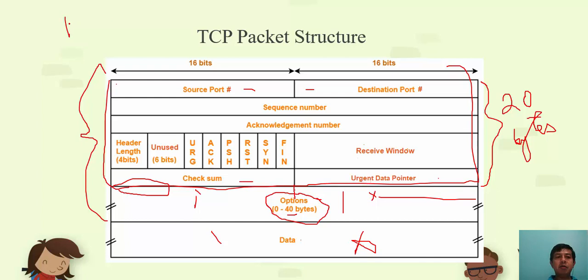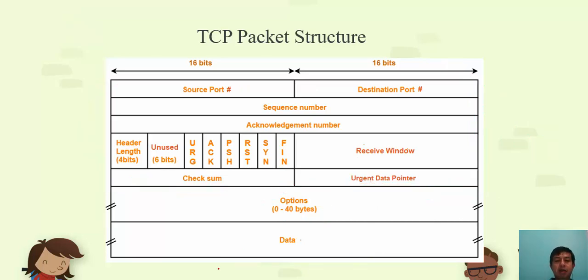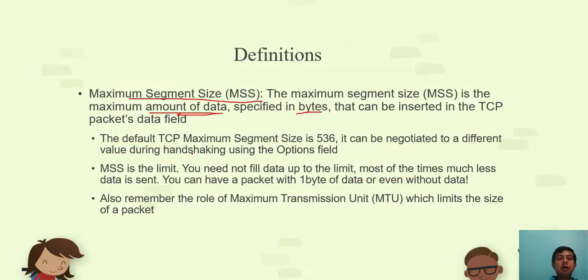So if we say that MSS is, say, 40 bytes, that means 40 bytes of data can be inserted in this particular packet. So depending on the maximum segment size, it decides what amount of data we can place inside the TCP packet. Now, the default TCP maximum segment size is 536. So if you do not make any change, the amount of data that can be inserted in a TCP packet by default is 536.